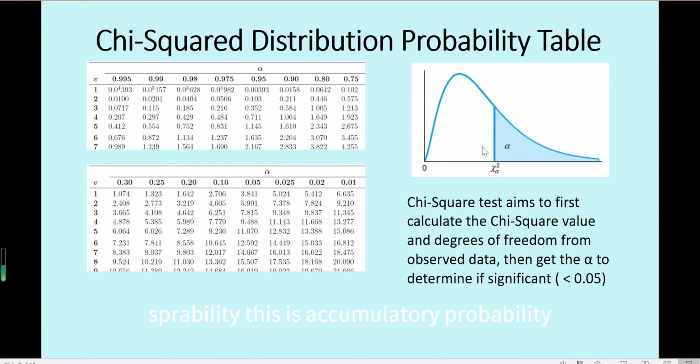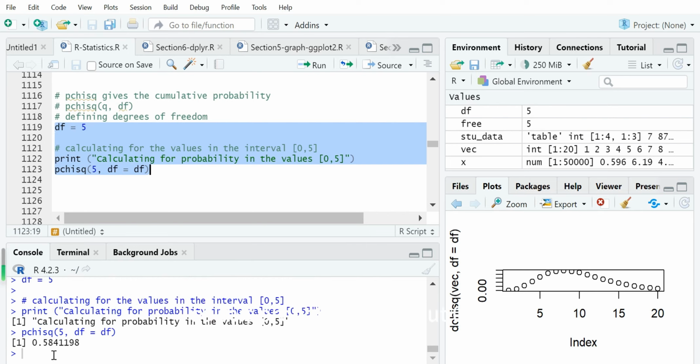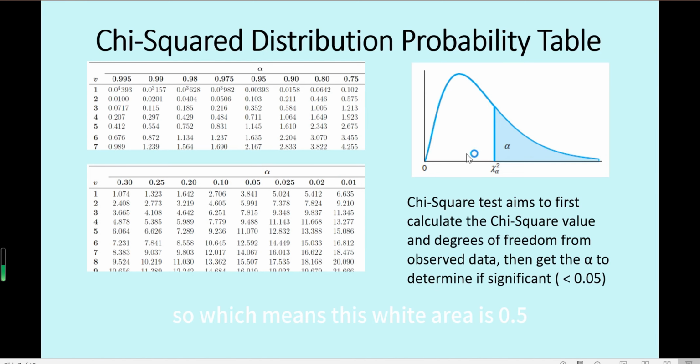This is the cumulative probability for all the random variables less than this critical value. So we calculate the cumulative probability for all the variables less than 5, or say between 0 and 5, because all the chi-square variables are larger than 0. This probability is about 0.584. Which means this white area is 0.584 and this critical value is 5.